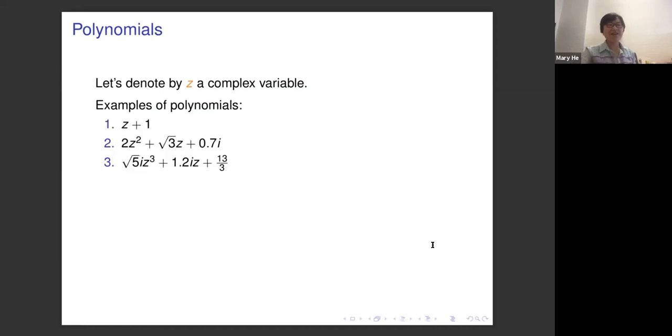Okay, so here are 3 examples of polynomials. So the first example is just z plus 1. So again, we should think of this polynomial as a function, right? So the variable is z, so you can plug in different values for z, then this polynomial spits out different outputs, right?